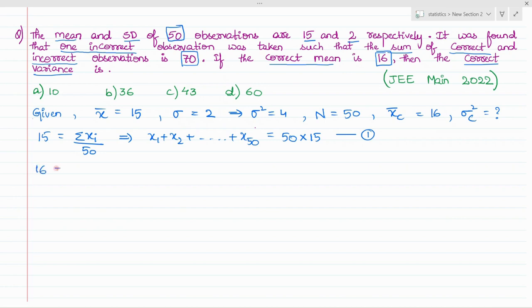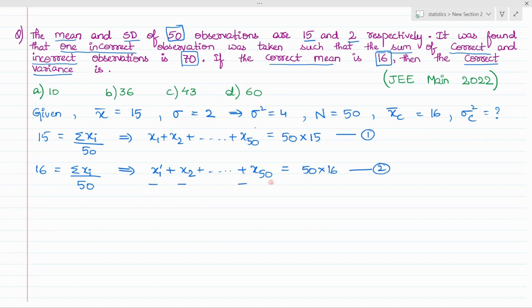Here 16 is equal to the sum of new observations, xi, upon 50 again, but here this one incorrect observation is replaced with the correct observation, assume it as x1 dash, and the remaining 49 observations remain as they are till x50, is equal to 50 into 16. Assume this is equation number 2.